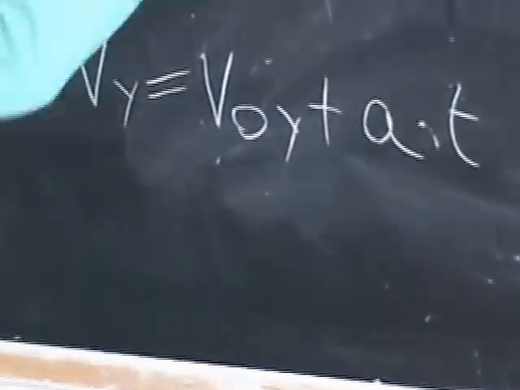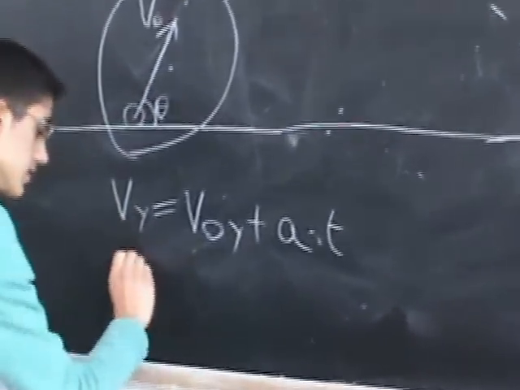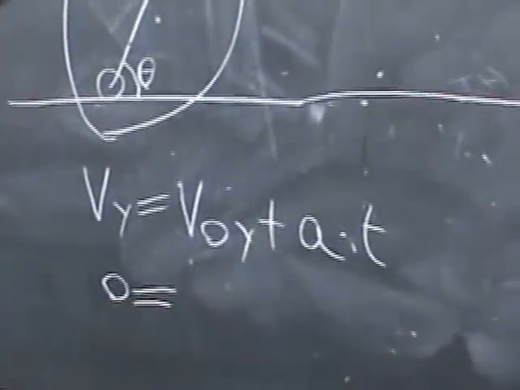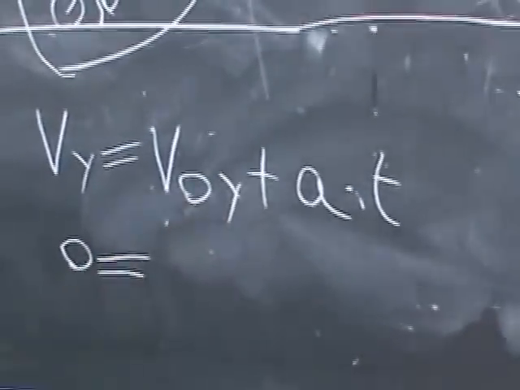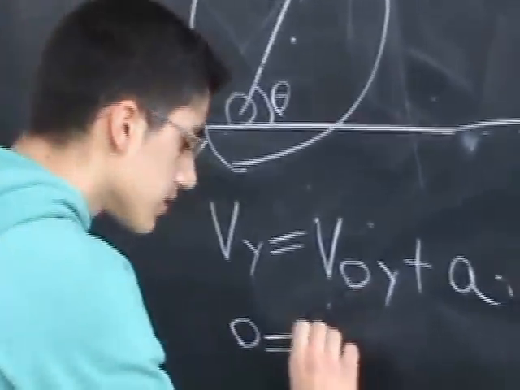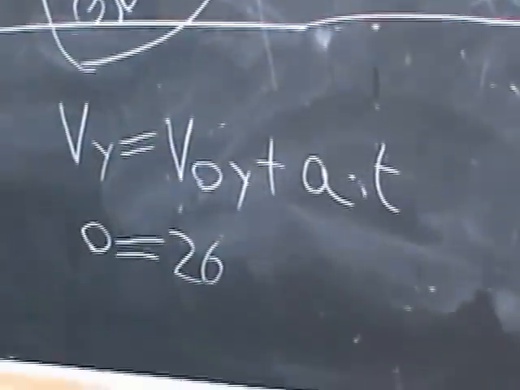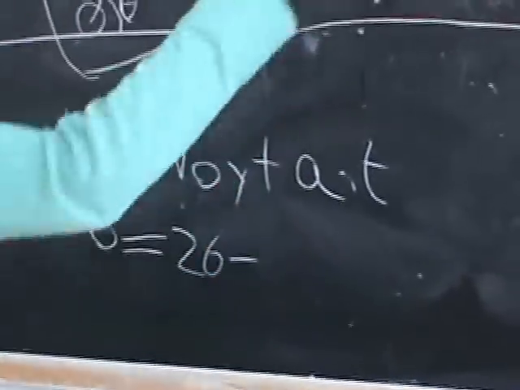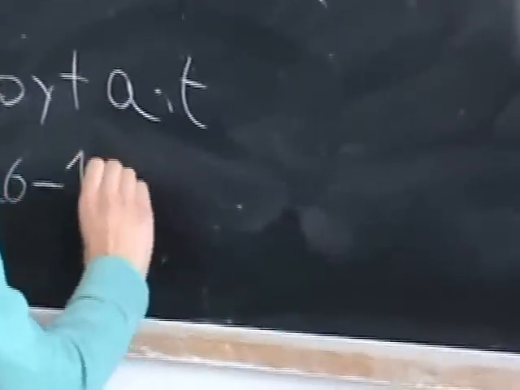So at this point the velocity is 0, that equals V sub 0 sub y we found before, which is 26 meters per second, minus g, that is 10, times the time we want to find.